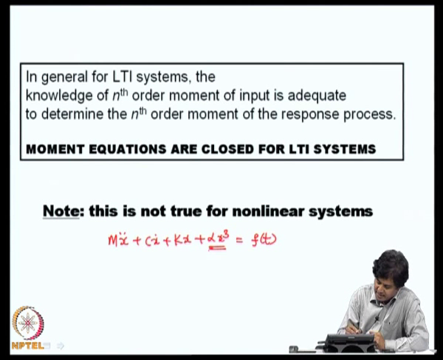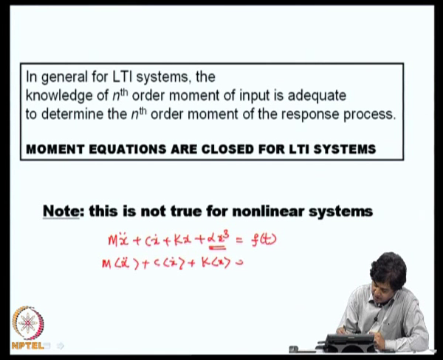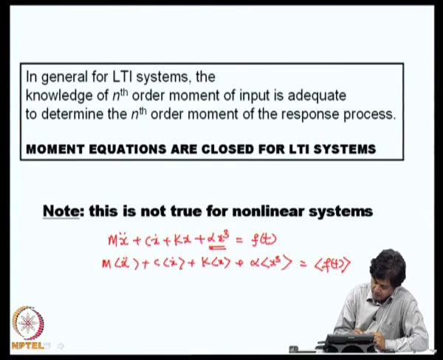If I now consider expected value of the response, this will be expected value of x double dot plus c into expected value of x dot plus k into expected value of x plus alpha into expected value of x cube is equal to expected value of f of t. Now, you please notice here the equation for expected value of x contains the expected value of x cube.